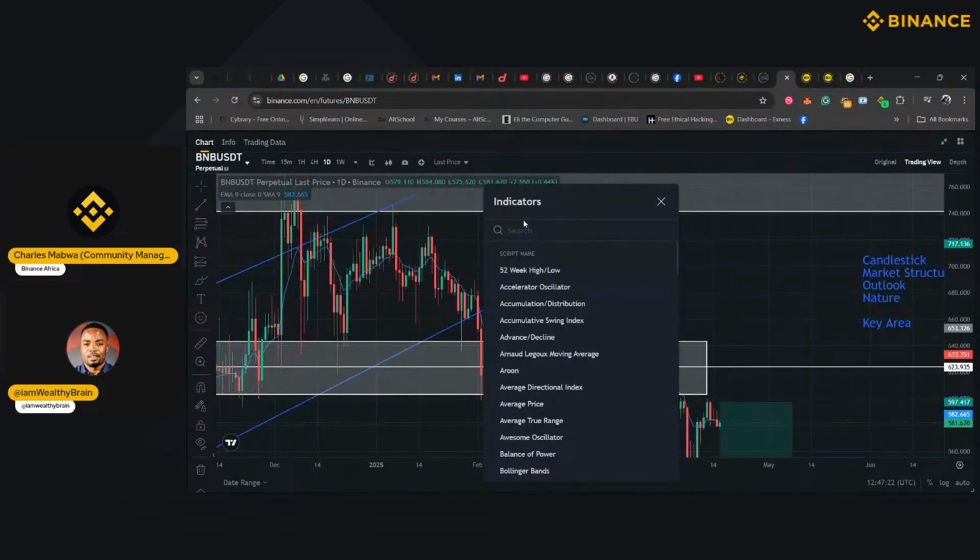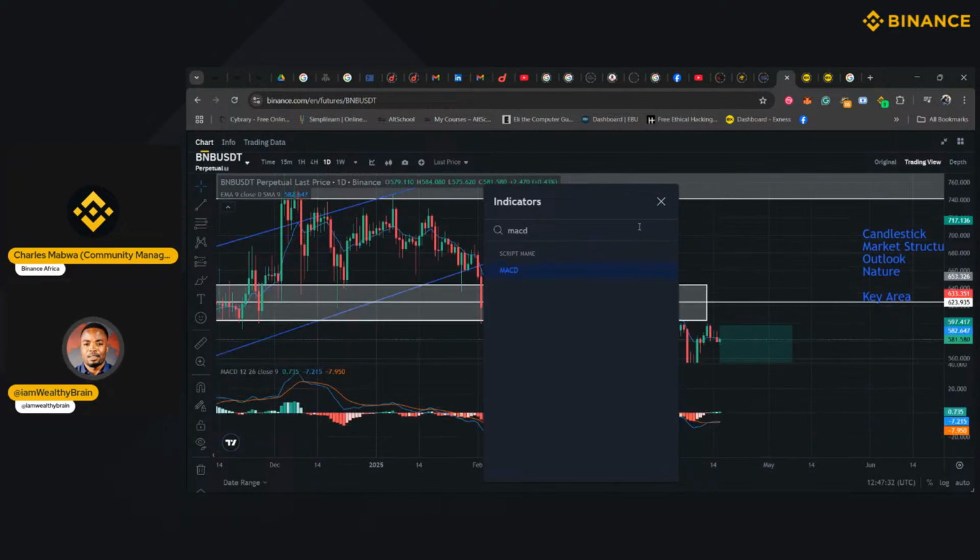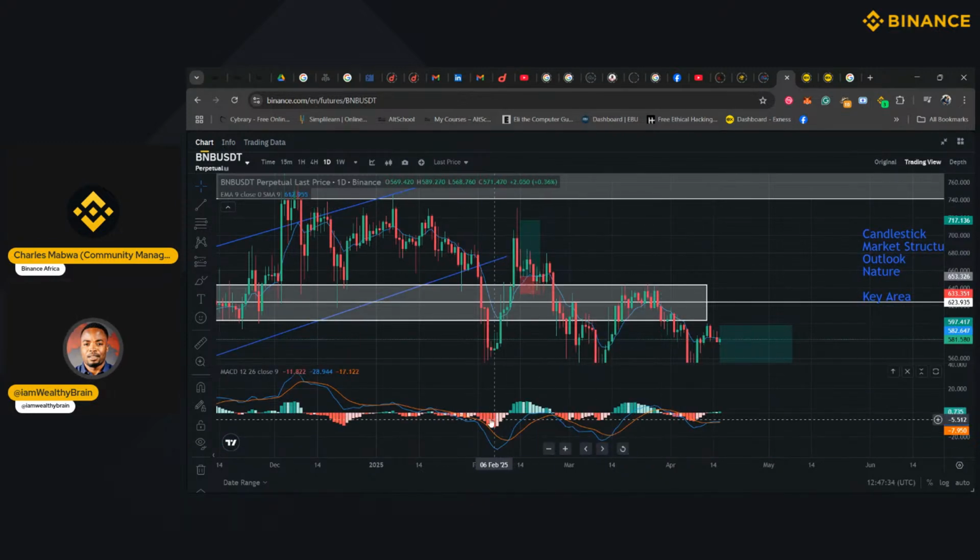Now let's look at one or two oscillators, and we take, let's say, moving average convergence divergence. So MACD, the full meaning of MACD is moving average convergence and divergence. Now it gives you a histogram, then semi-potential direction of the market on an oscillation basis with a signal line, which is a crossover line as well.